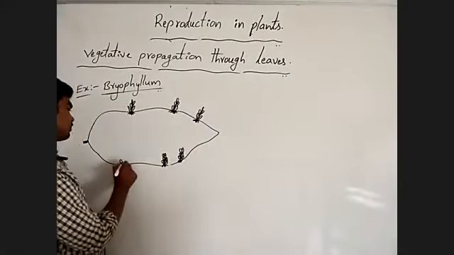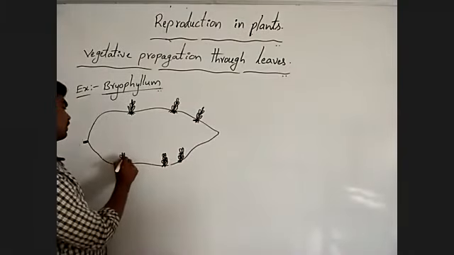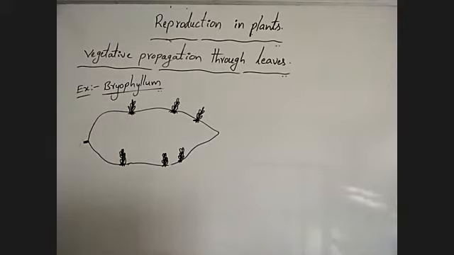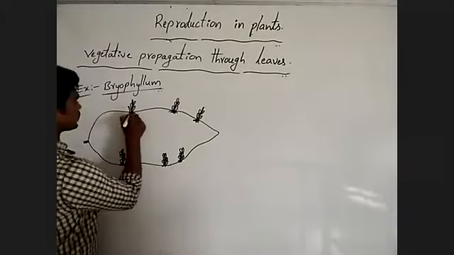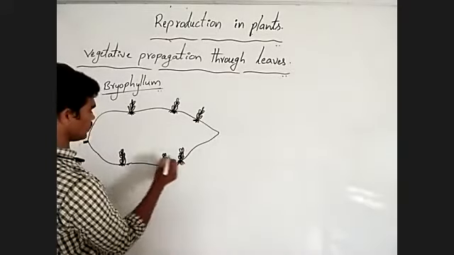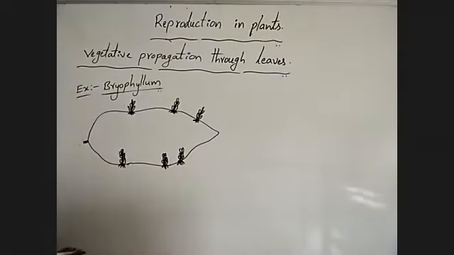First, some specialized bud-like structures, vegetative buds, are developed on the margins of the leaf.